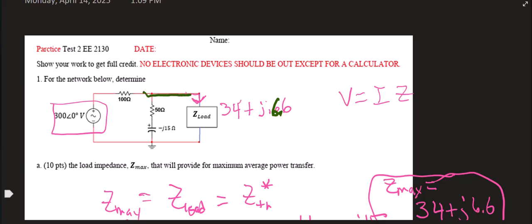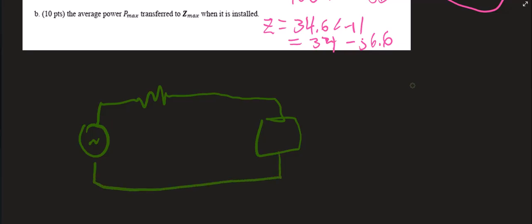So the voltage over here, all of that voltage is the same because it's all in parallel. So what we have is a circuit that has a voltage source and a resistor and then an impedance over here.